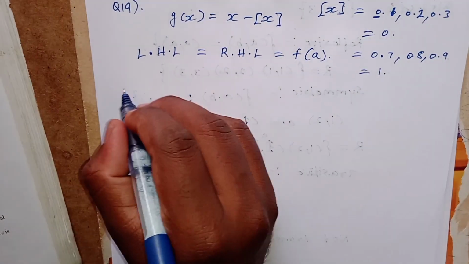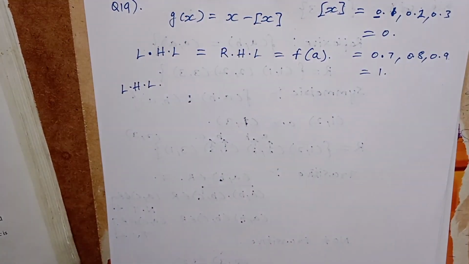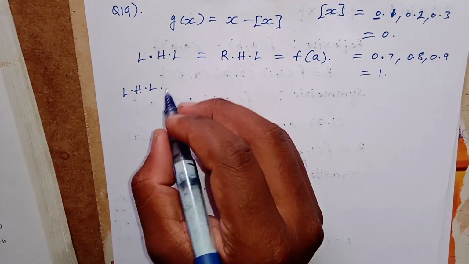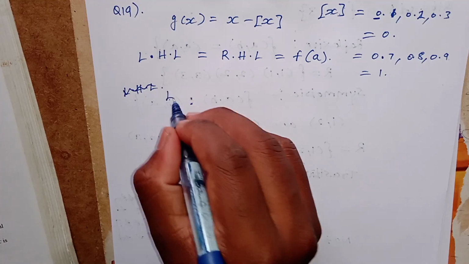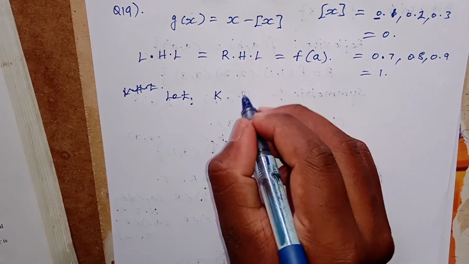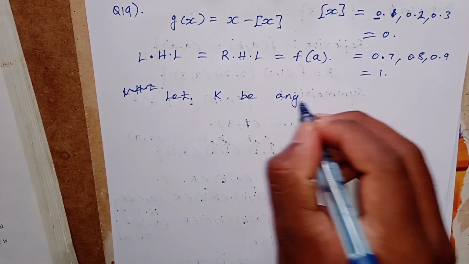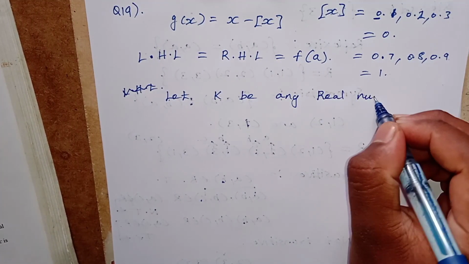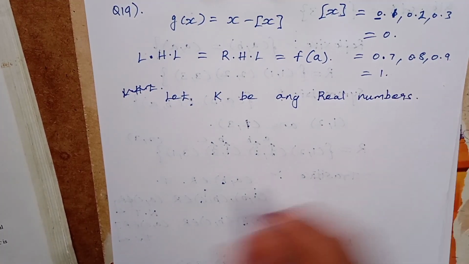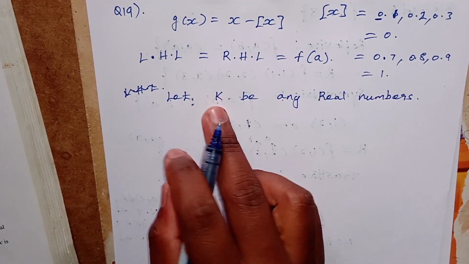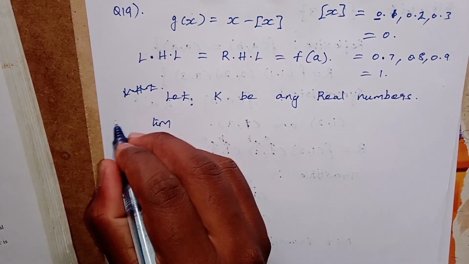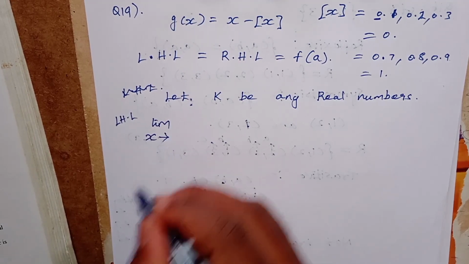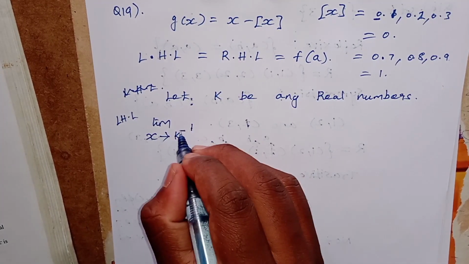Here I am taking my left hand limit. We can take any values. Therefore, I am taking, let k be any real number. Any real number you can take. So, let k, therefore the left hand limit is x tends to k minus.